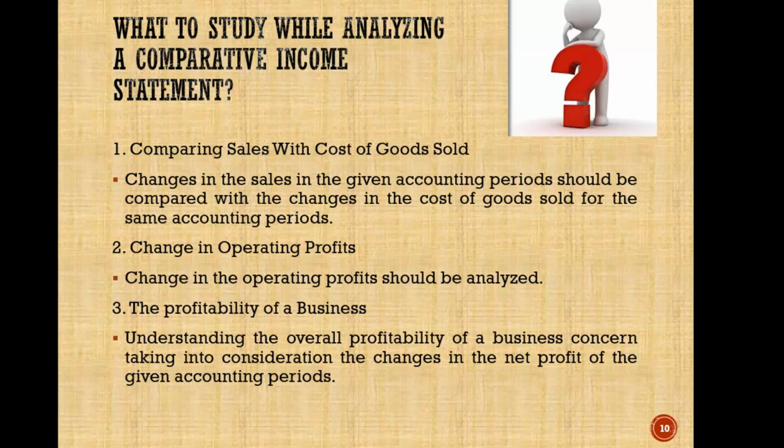One can also analyze the reason, because various expenses are mentioned and we can easily see in that particular statement which expenses have increased and which expenses have reduced. In this way, we can compare the profitability of the business and the operating efficiency of the organization and of the management.